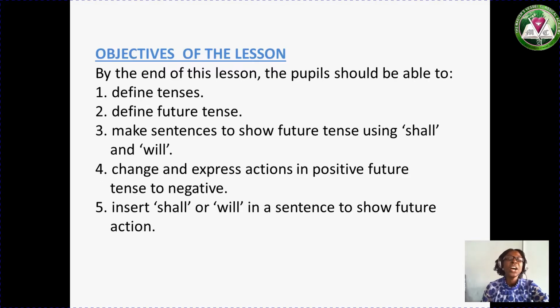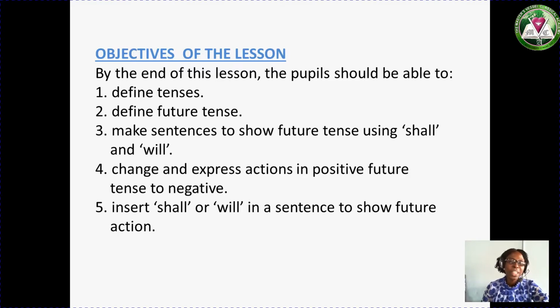Define future tense. 3. Make sentences to show future tense using shall and will.